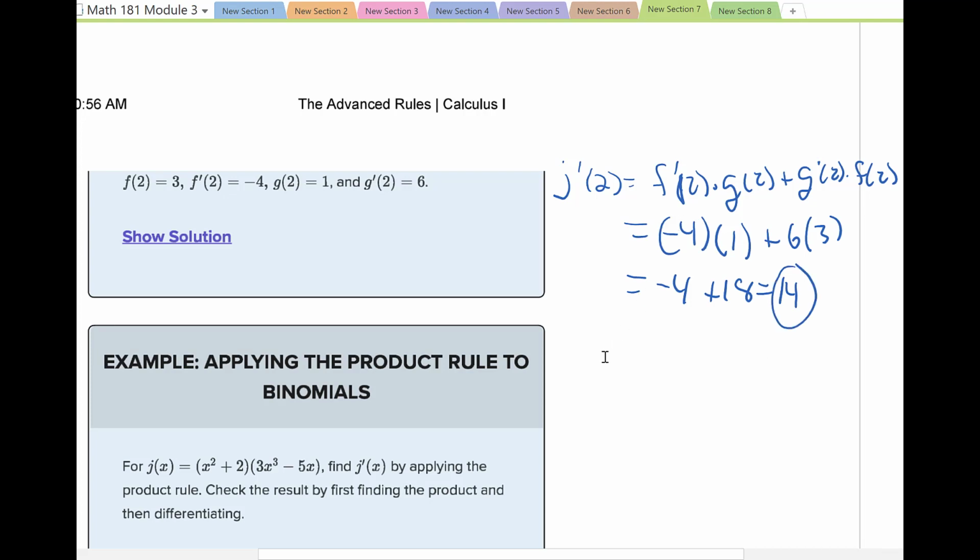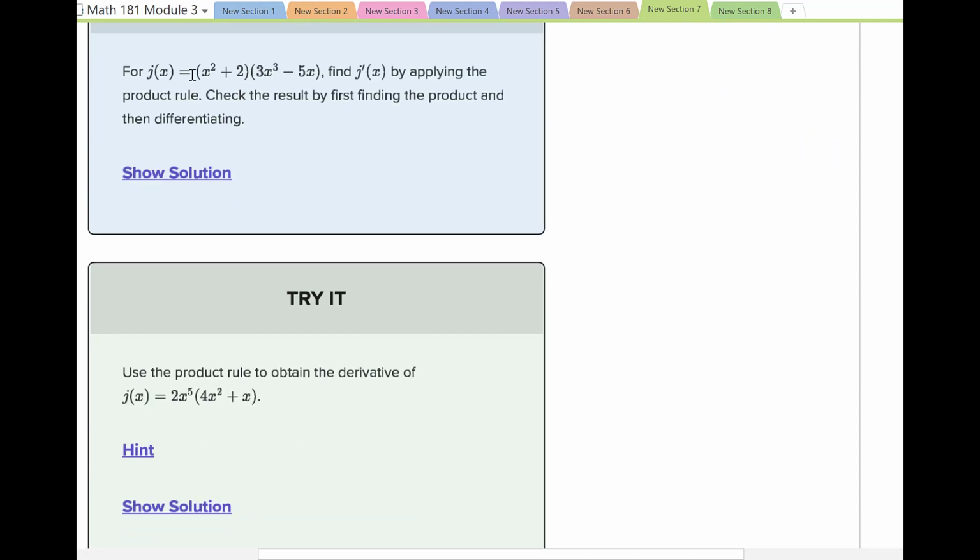Let's try another one. j of x equals x squared plus 2 times 3x cubed minus 5x. Find j prime of x by applying the product rule. And we can check this by distributing and then just using the power rule.